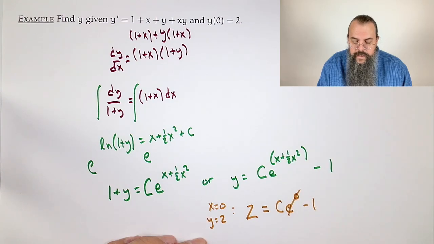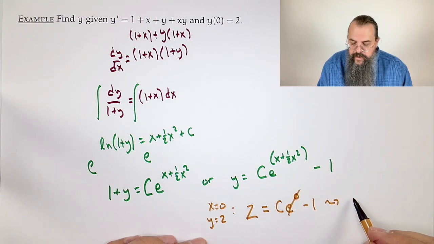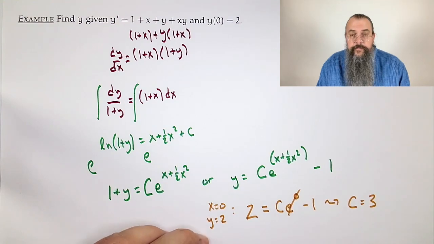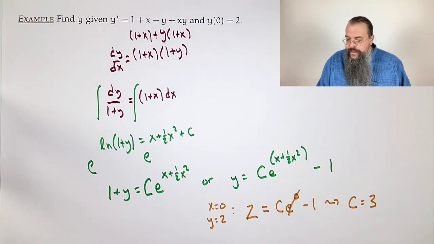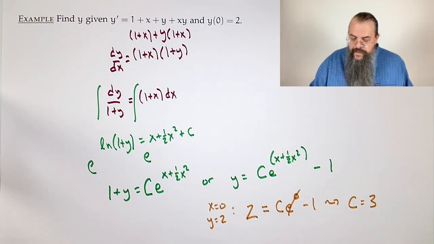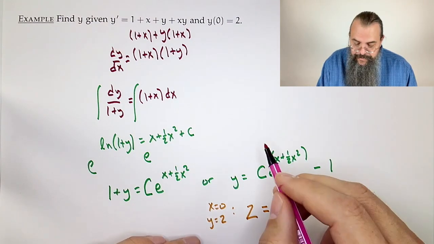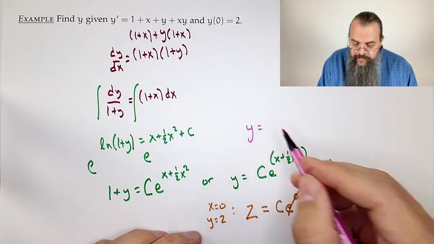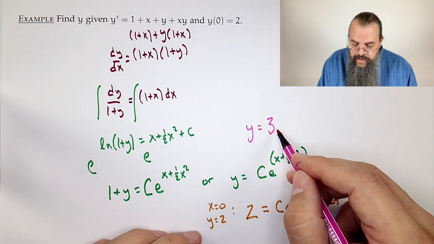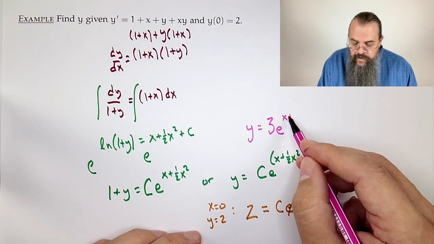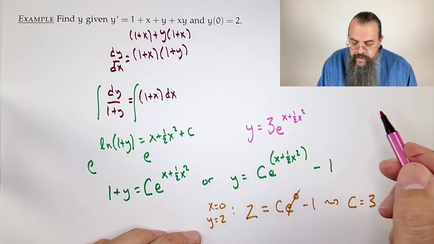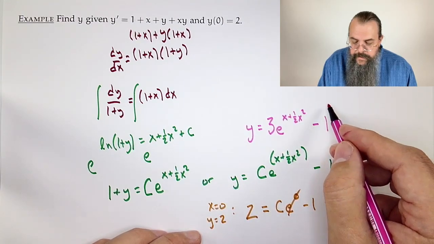Well, e to 0 is 1. And then we can add 1 to both sides. c equals 3. So, substituting that in, we come to our final answer. Aha, y has the form of 3 e to the x plus 1 half x squared minus 1.